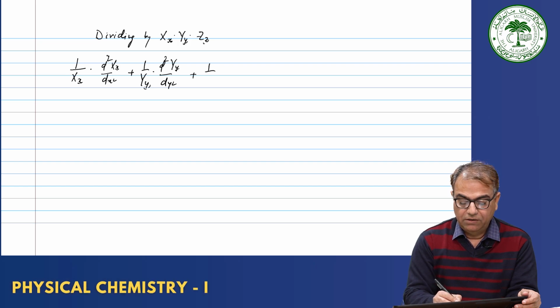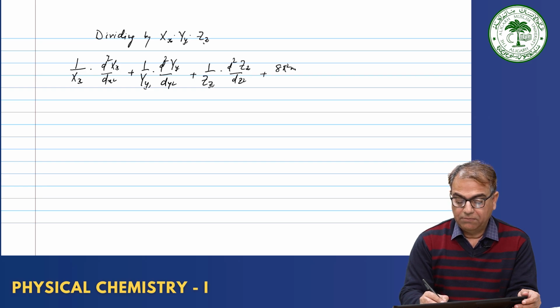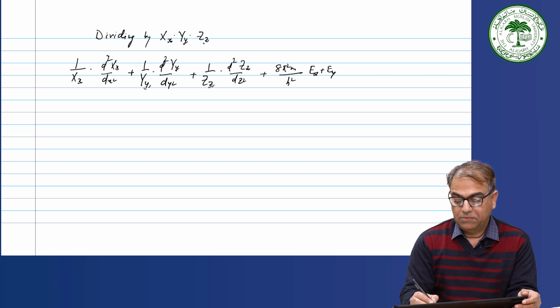The third term will be 1 over Z, d square Z by dz square, and this term will be 8 pi square m by h square (Ex plus Ey plus Ez), equal to 0.